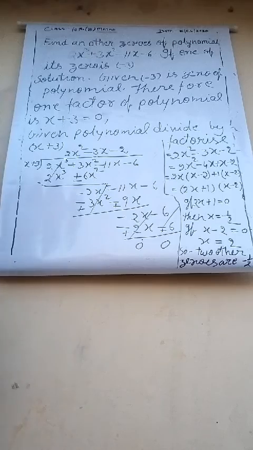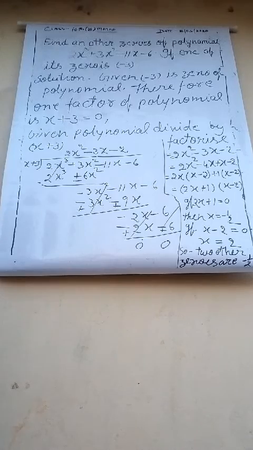Given that two zeros are root 5 by 3 and minus root 5 by 3, the two factors of the given polynomial are x minus root 5 by 3 and x plus root 5 by 3.